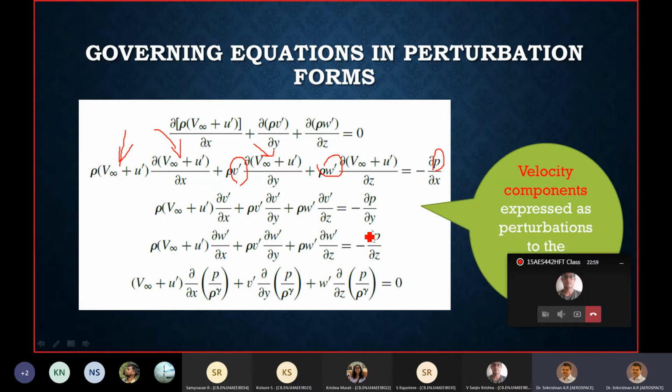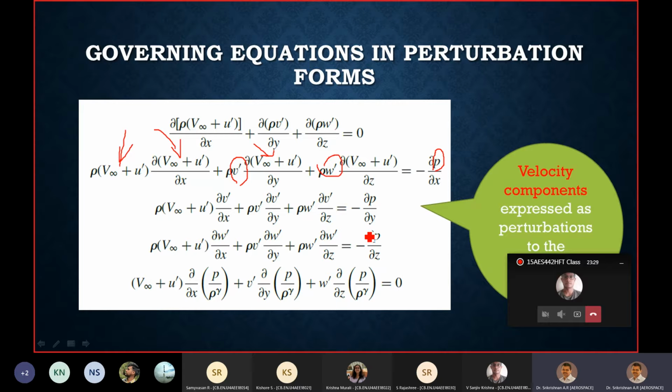So we are not doing that. In other words, we are rewriting the equations by incorporating perturbations into the velocity components, and only to the velocity components. There is nothing wrong in incorporating the pressure perturbations also, but we don't require it for the present theoretical formulation. So we are applying the perturbations only to the velocity.